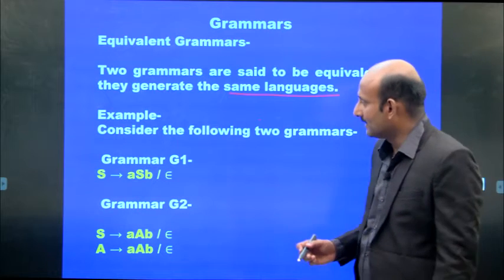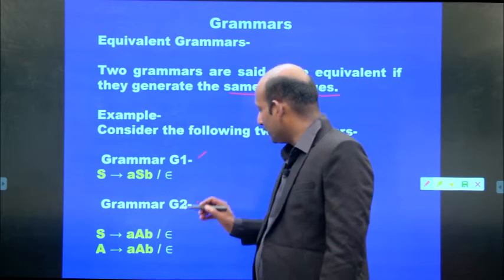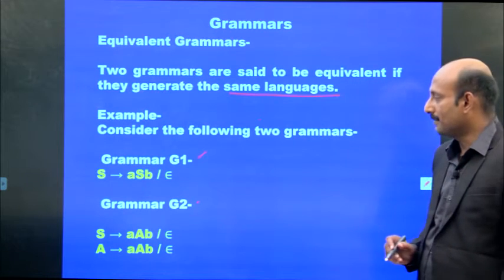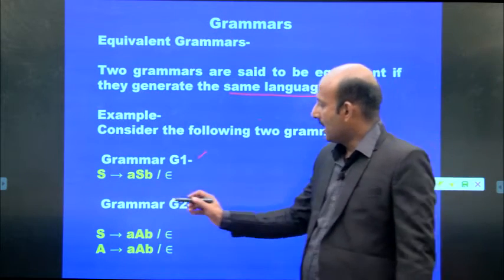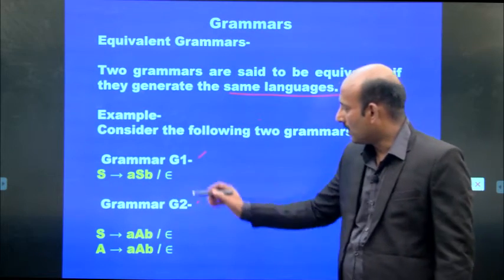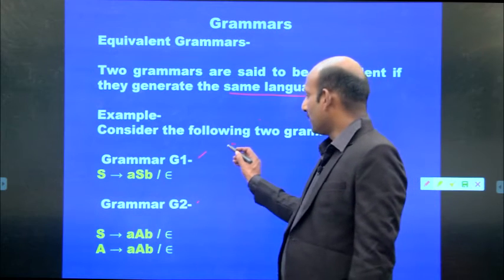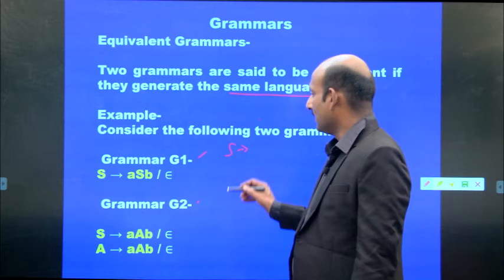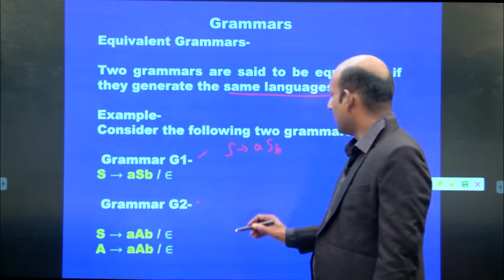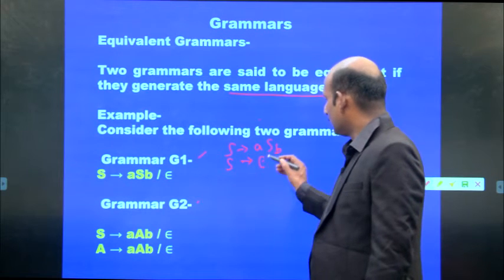Let's see an example. There are two grammars, G1 and G2. In the first grammar, S implies ASB or epsilon. That means S has two productions: one is S implies ASB, and another S production has epsilon.